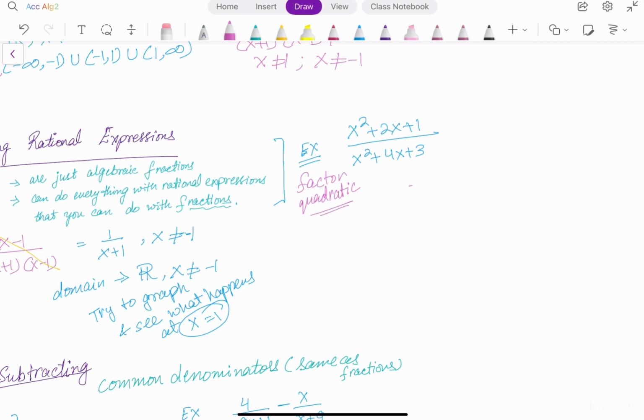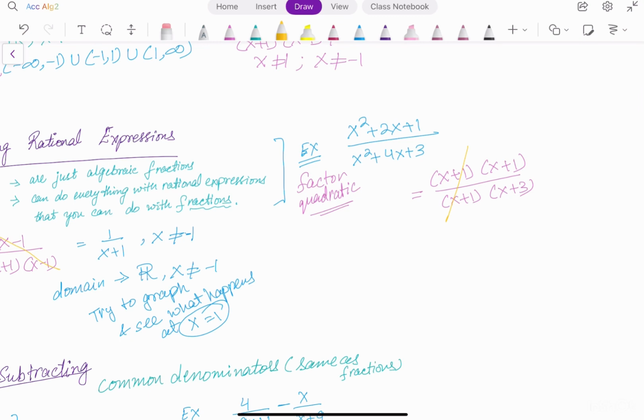So this is nothing but x plus 1 whole squared, or x plus 1 times x plus 1. And I can factor the denominator x squared plus 4x plus 3 as x plus 1 and x plus 3. Now, given the similarity, I can cancel out one x plus 1.